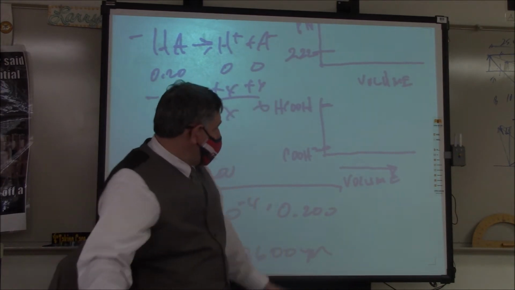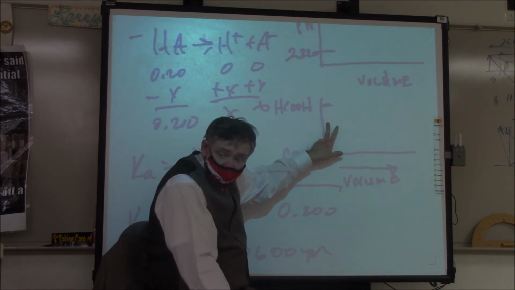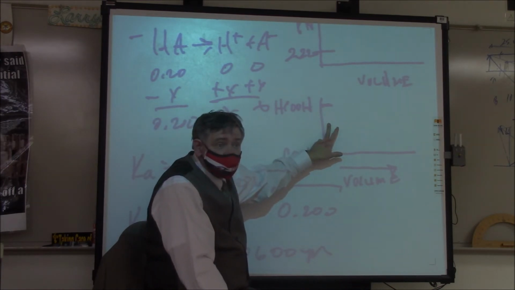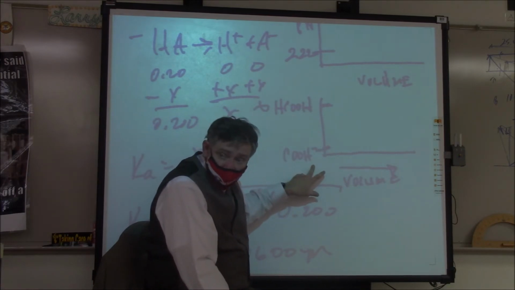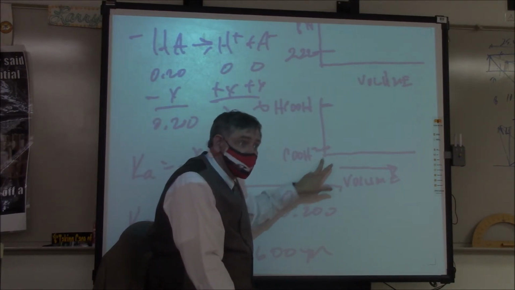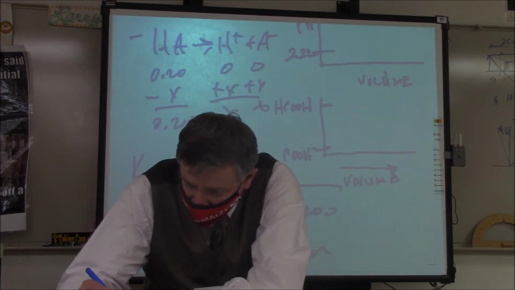So as I add base, what's going to happen to the concentration of my formic acid? It's going to decrease, but the concentration of my anions is going to increase. So this graph is going to go something like this.